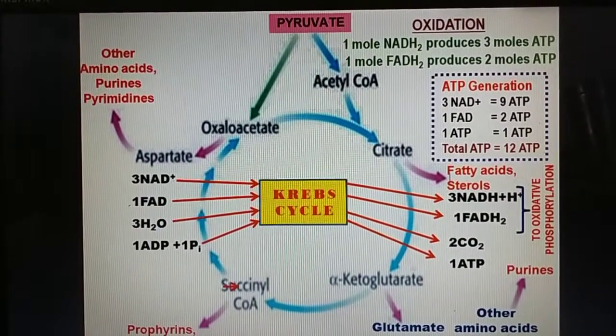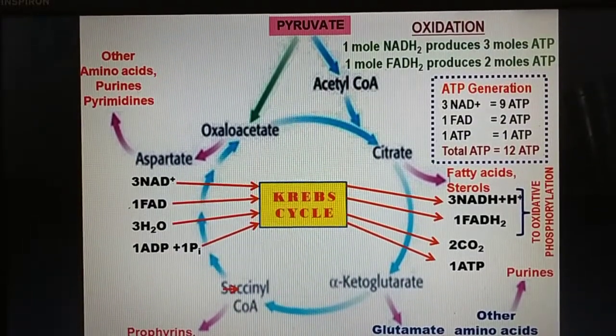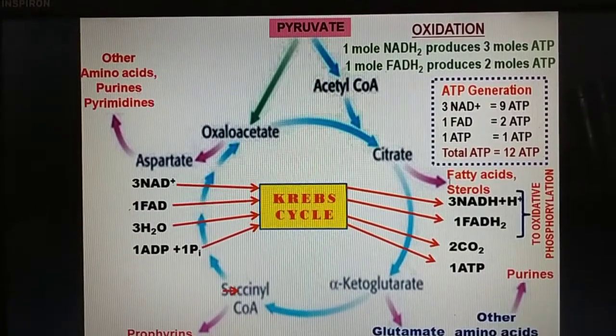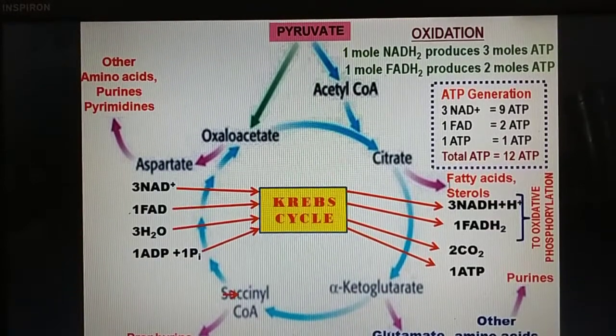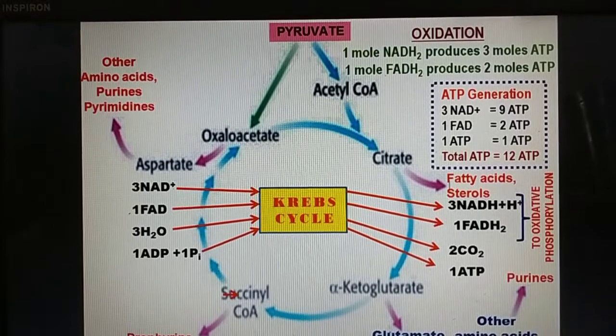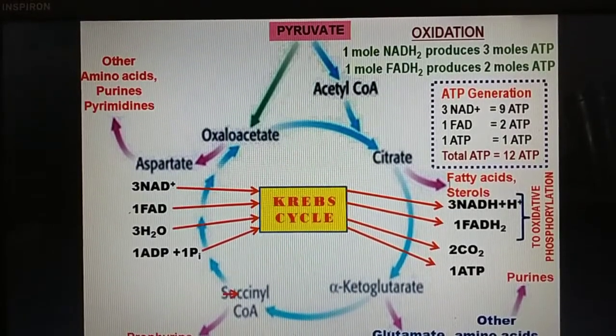The oxidation of one molecule of NADH2 produces 3 molecules of ATP, and one molecule of FADH2 produces 2 molecules of ATP. One Krebs cycle produces 3 molecules of NADH2, 1 molecule of FADH2, and 1 molecule of ATP, and liberates 2 molecules of carbon dioxide.